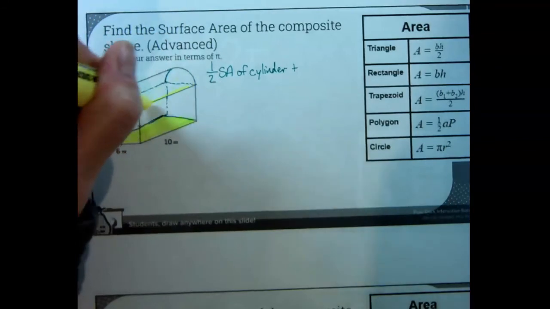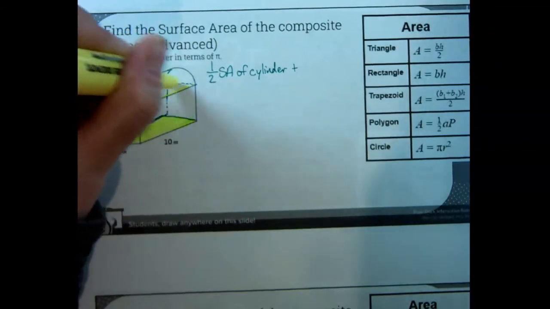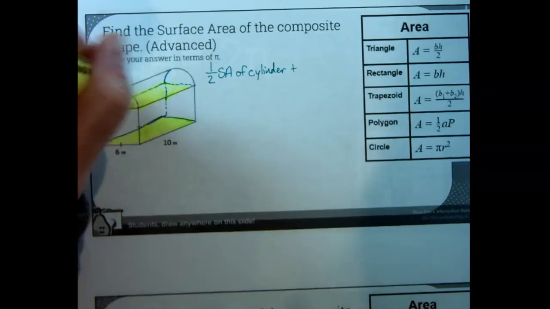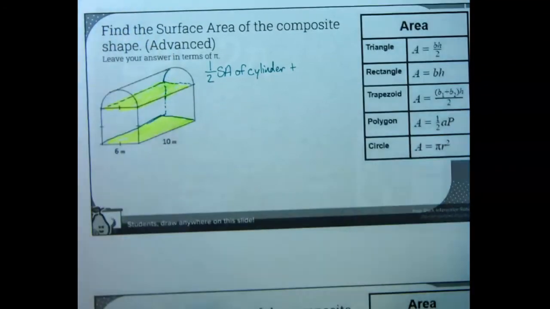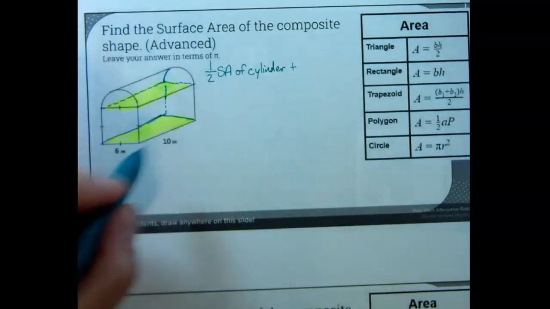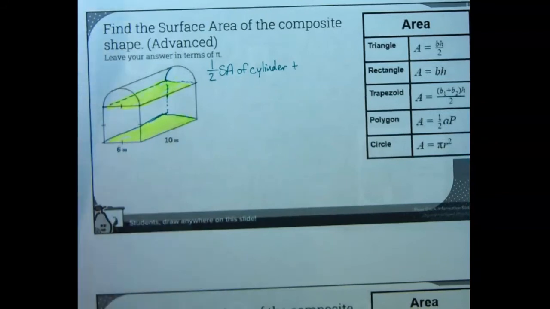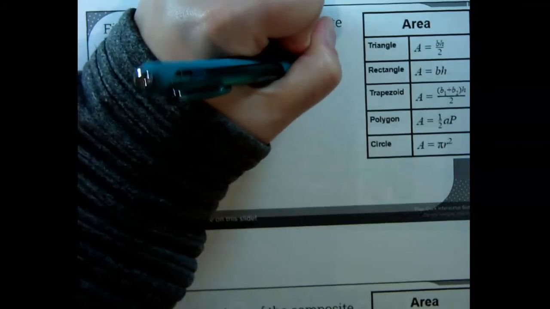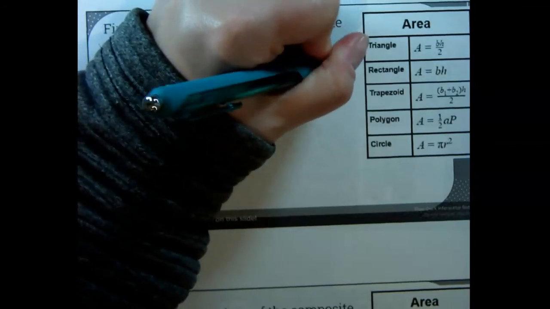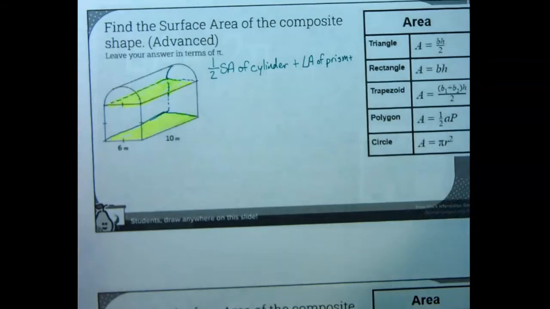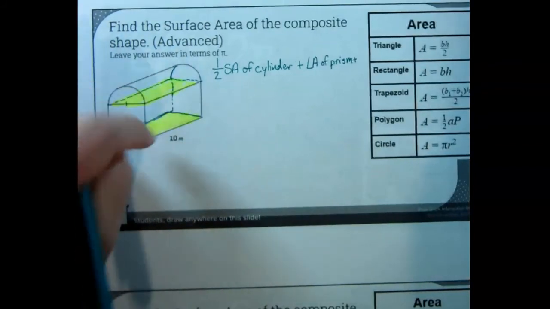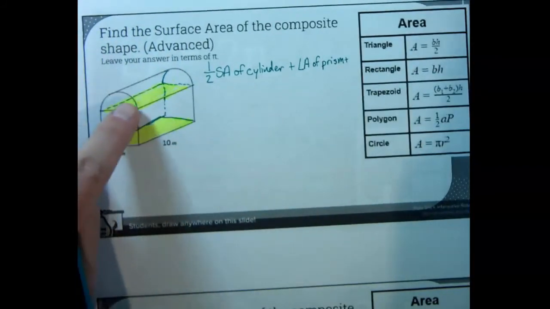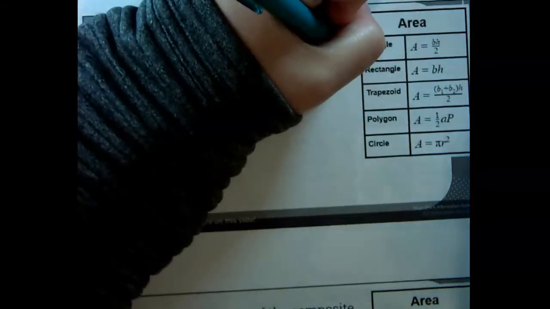These are going to be the bases of this prism. What is the cylinder covering up? That's what you need to ask yourself. The cylinder is actually covering up one of the bases. So we would need the lateral area of the prism plus, so all this around here, because none of that's covered up, plus only one base, because this top base is covered up by the inside of that cylinder.